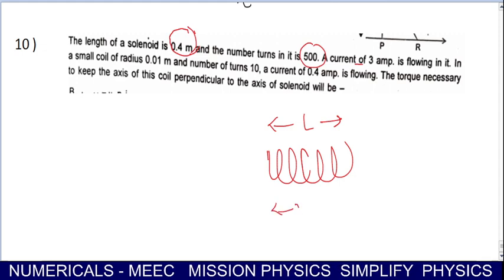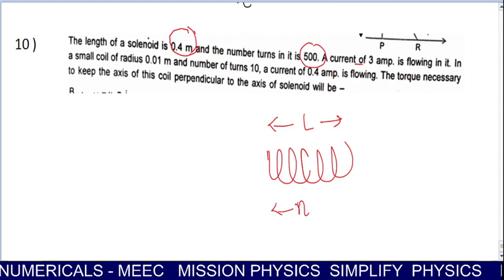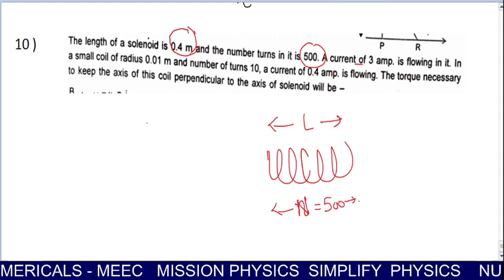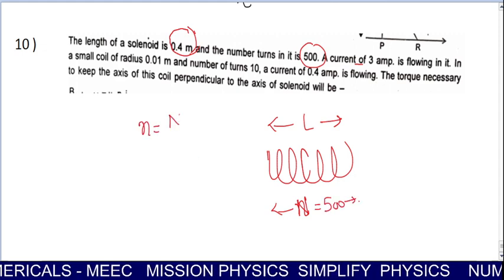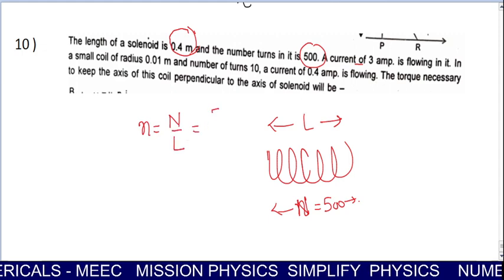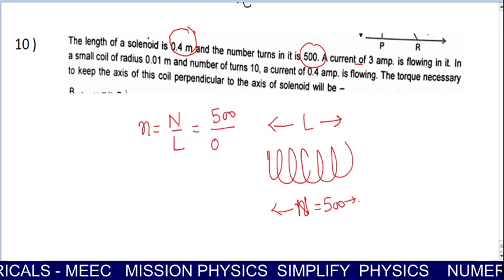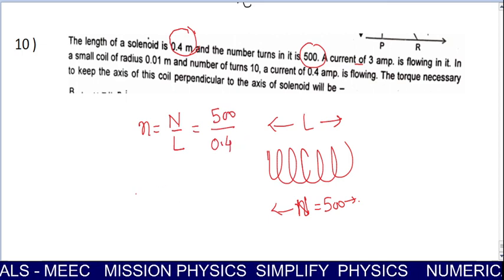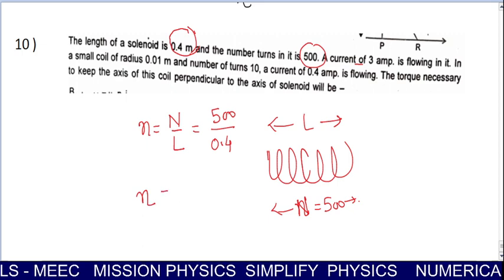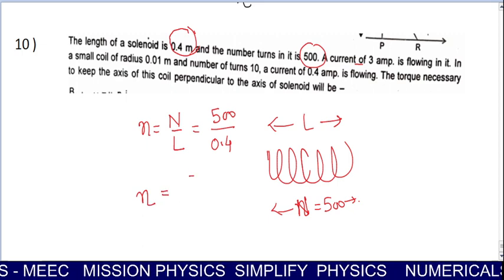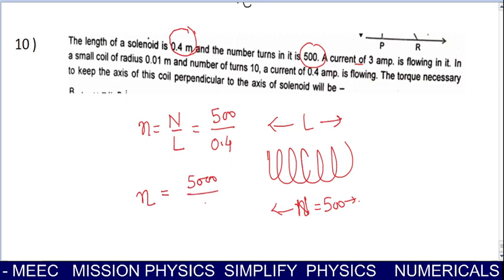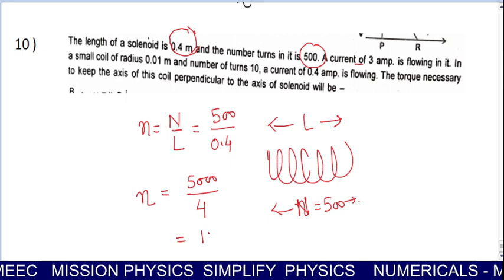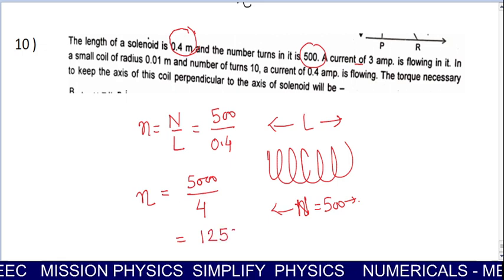So in this length, the total number of turns will be 500. So we can find the number of turns per unit length, which is 500 divided by 0.4 meter. So this will be number of turns per unit length as 5000 divided by 4, which is equal to 1250.